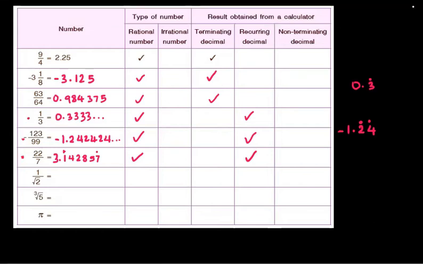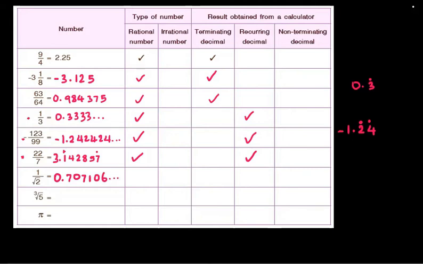On your calculator, place 1 divided by the square root of 2. What do you get? You can get 0.7071006.